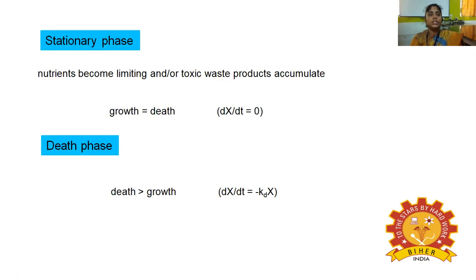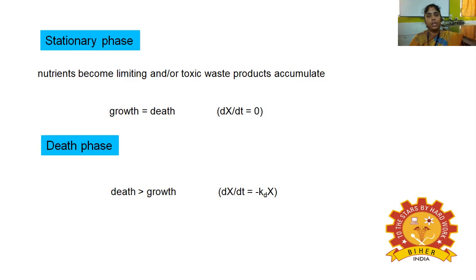Next, the stationary phase. Here, the nutrients become limiting, which means they have already been taken up entirely by the microorganisms, so the product starts to form. In the stationary phase there is formation of the product as well as an undesired product in the form of a byproduct.